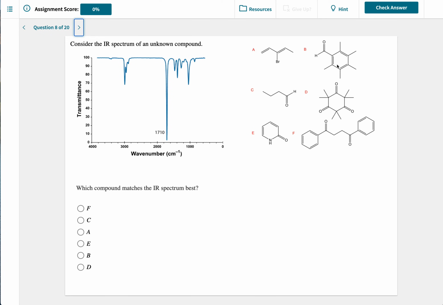You have alkenes with aldehyde, you have ketone, you have alkene with ketone, you have plain aldehyde, and you have alkenes with ketone again. So you've got a few different choices here, but I think start by narrowing down what functional group is going to be present at 1710 and start eliminating the molecules that don't correspond with that.